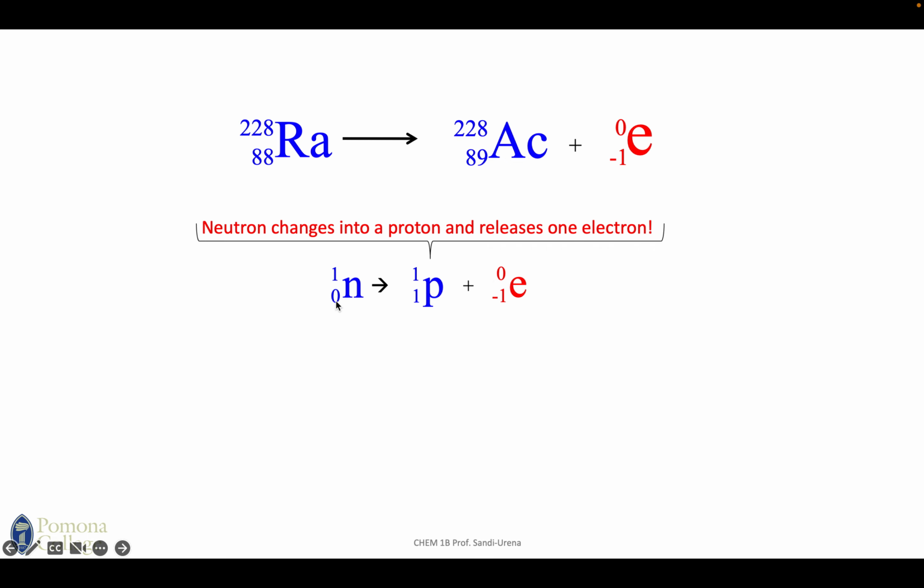And the atomic numbers are the same on the left and the right. 0 and 1, minus 1, 0. And this explains how we keep the mass constant despite the fact that we are changing the atomic number.